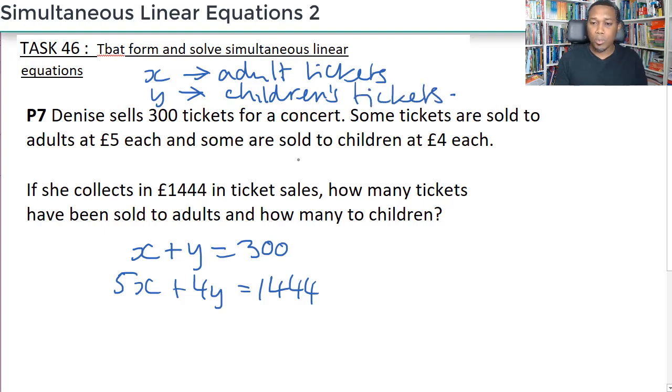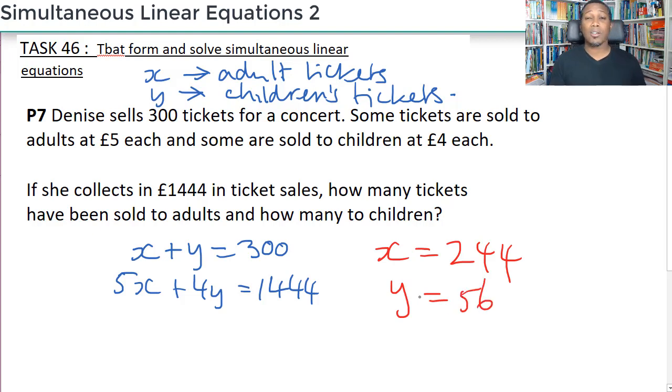So that's the model we're looking at. The children's tickets are £1 cheaper, 20% off for a children's ticket. Once you have your model, the actual answer is X is equal to 244, so predominantly adult tickets have been sold, and Y is equal to 56. Those are the figures that you should have for this one.